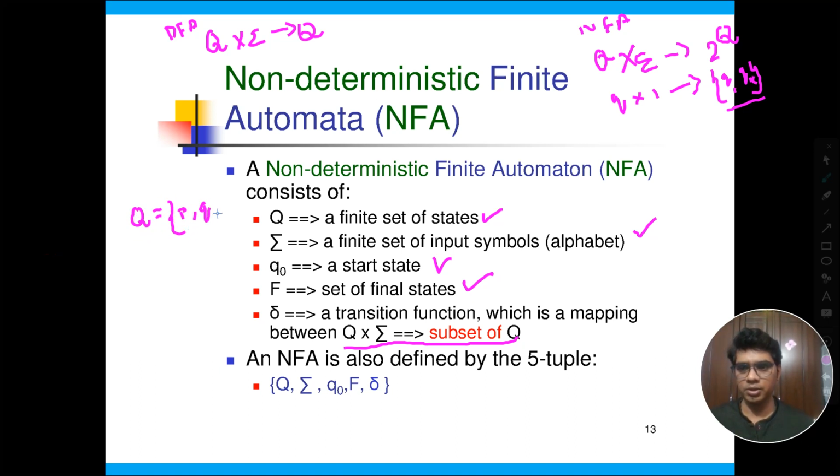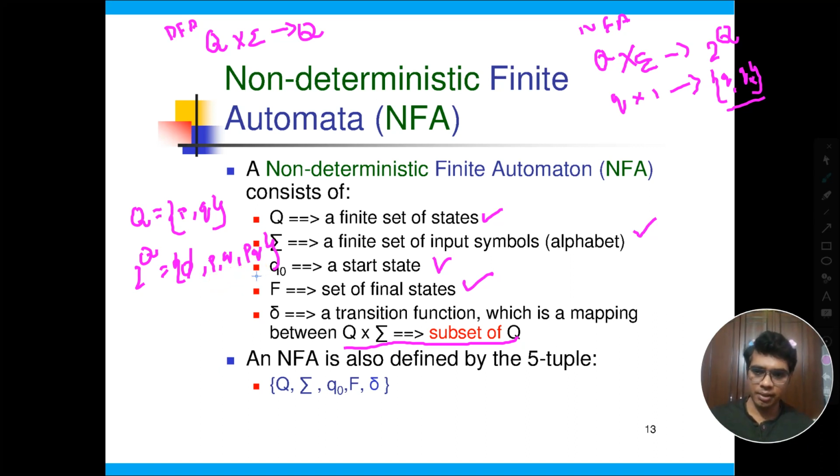Let's say there are two states P and Q, then 2^Q will have 4 elements. It can be the empty set, it can be P, it can be Q, it can be {P, Q}. So in DFA it will go to either P or Q. In NFA it can go to the empty set, or P, or Q, or both P and Q.